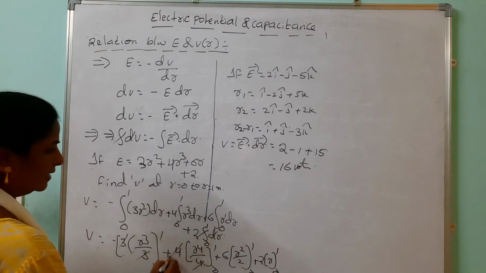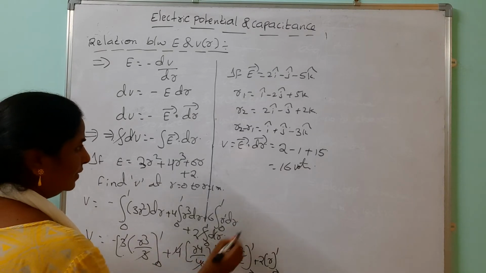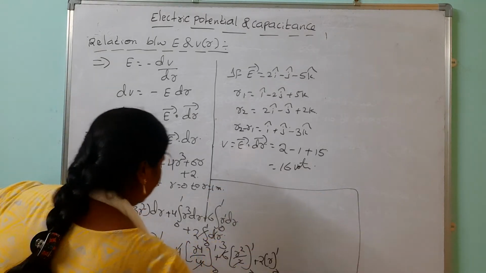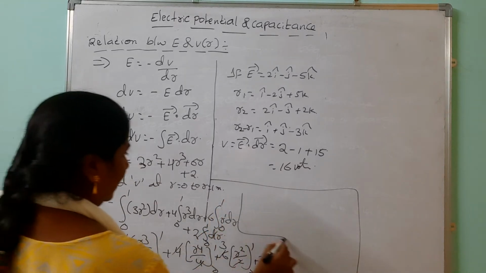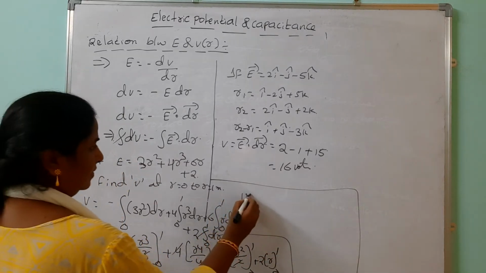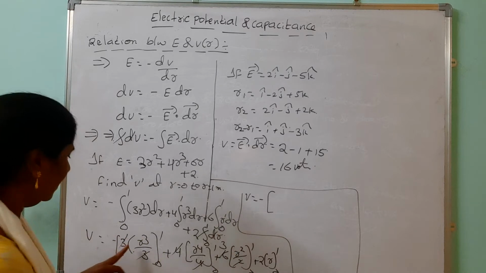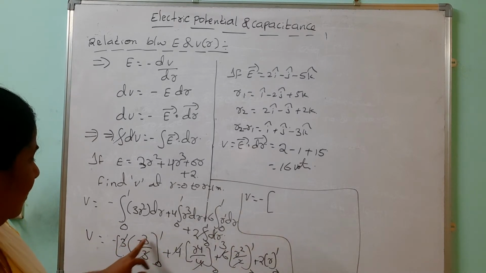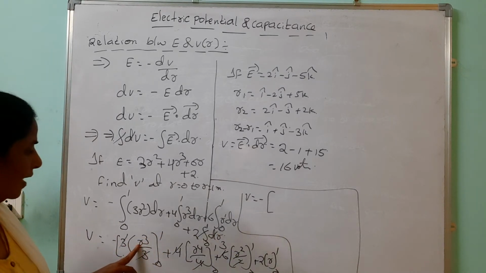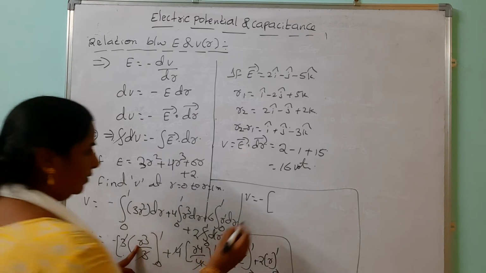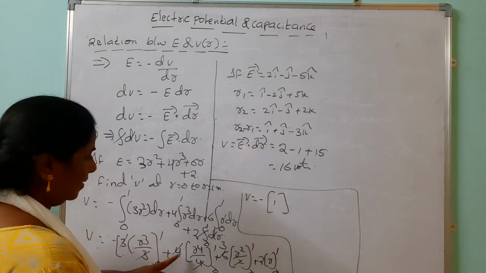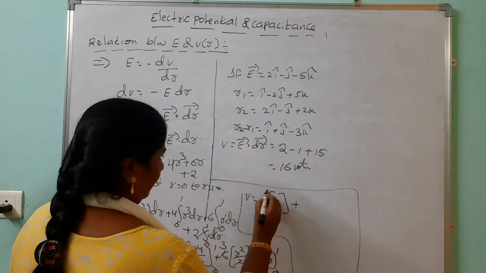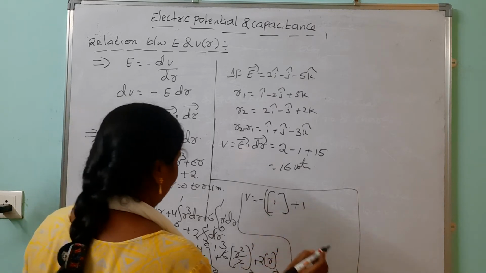This one cancels, this one cancels, 2, 3 jump. Then you apply the limits. V equals minus, common, R cube: 1 minus 0 cube, 1 only. Then plus R to the power 4, 1 only.